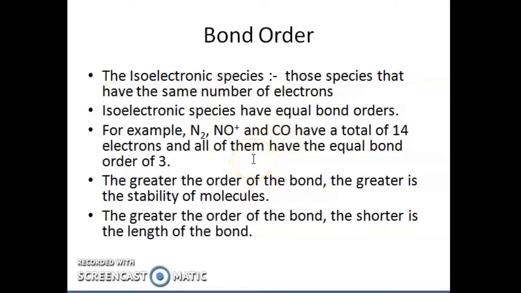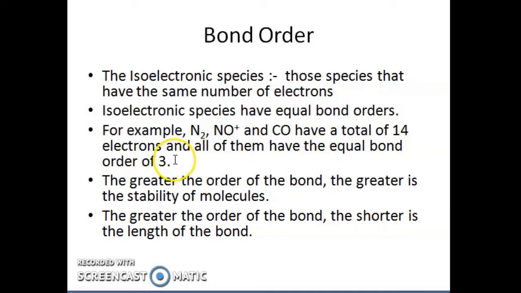Isoelectronic species are those species that have the same number of electrons. And when we talk about isoelectronic species, that means they will have equal bond order. For example, N2, NO+, and CO all three have the same number of electrons. That means all of them will have equal bond order, and that is 3.